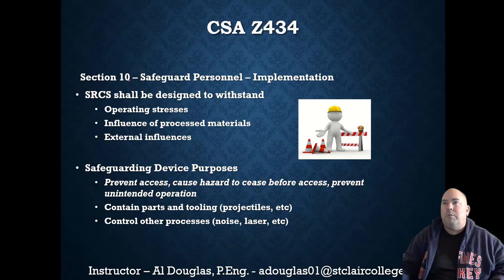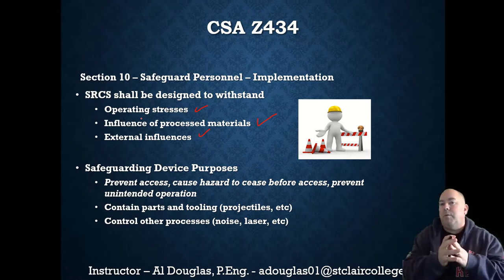Section 10 talks about the implementation. Your safety-related control system shall be designed to withstand operating stresses, like you said before, it must be made of good materials. The influence of the processed materials, so again, depending on your environment. And external influences, so it must be rated to stand up to the environment you plan on using it in.